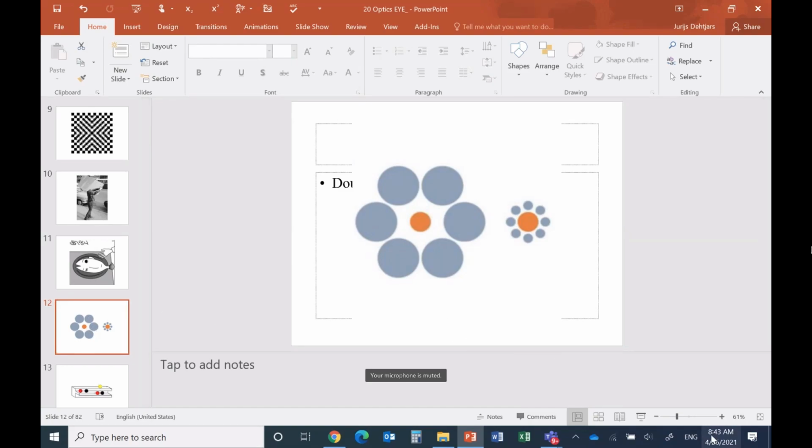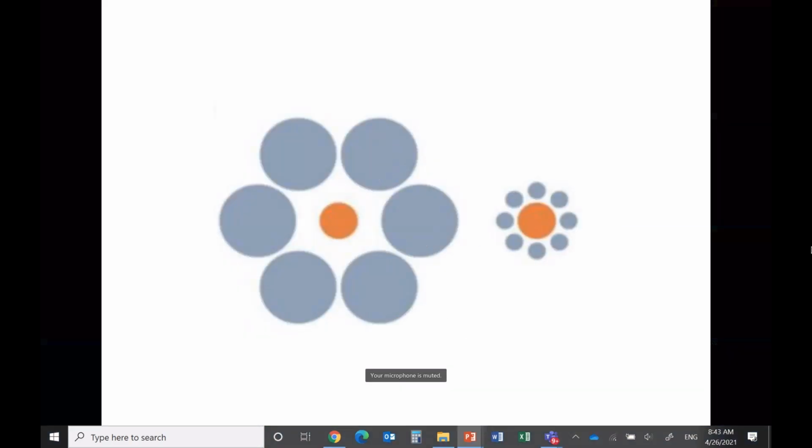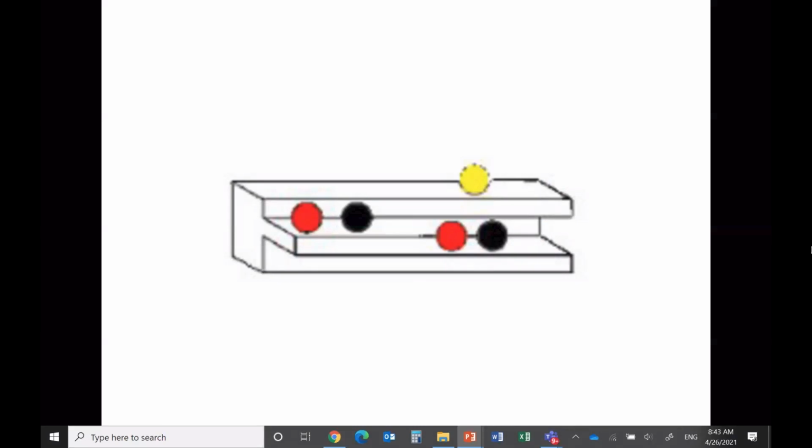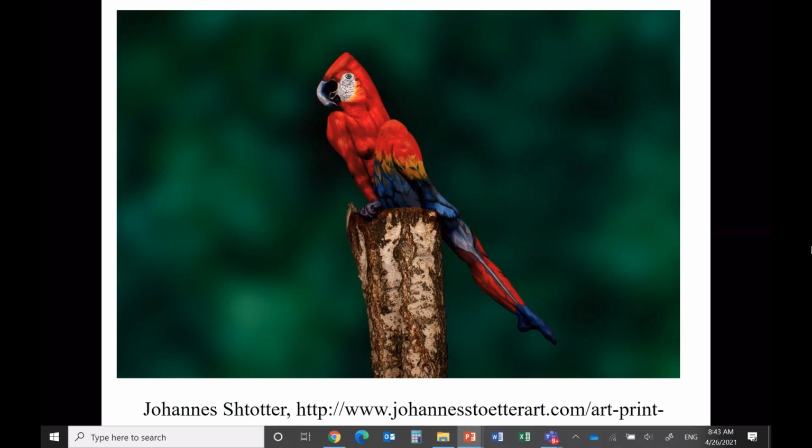So now have a look at the next picture. You can find huge collections of similar pictures. Which is the shelf? Is it here, or is it here? And this is a beautiful one. What do you see here? The bird, or a very nice young girl?